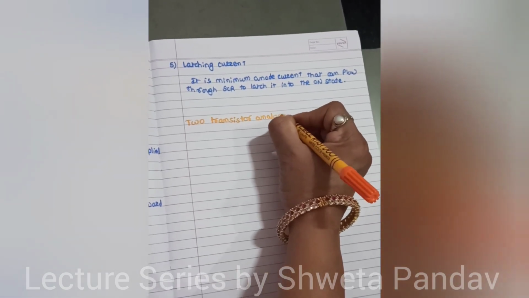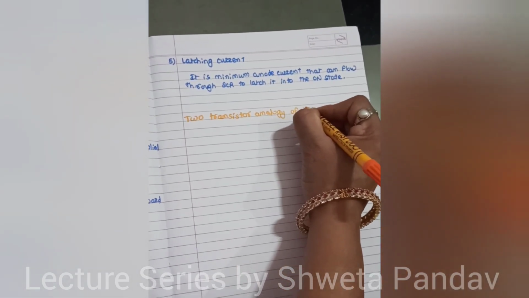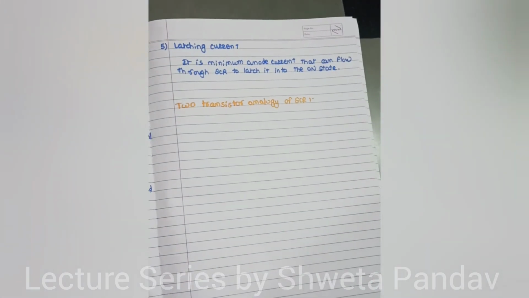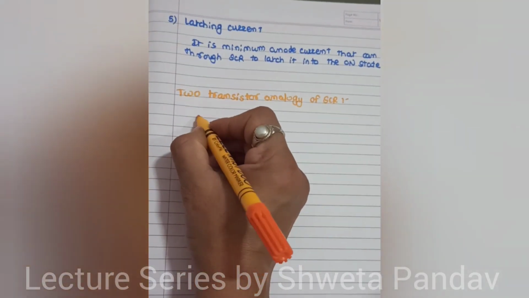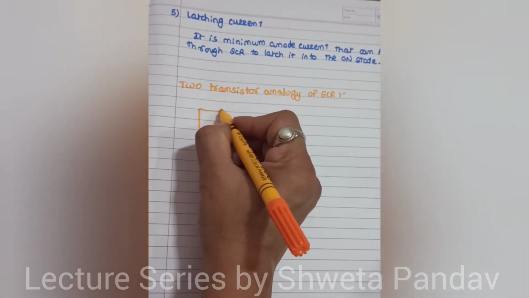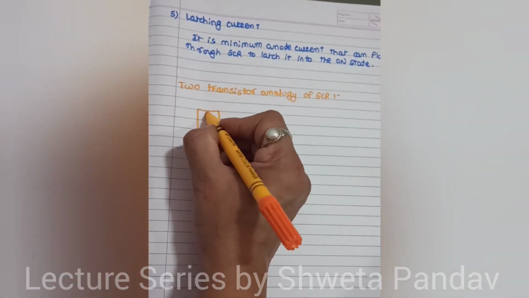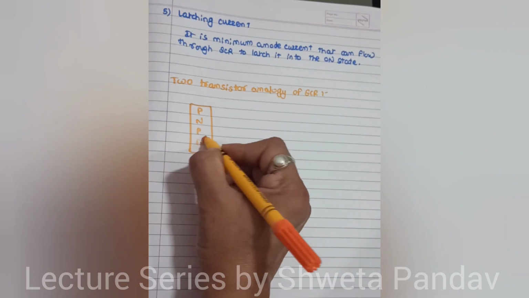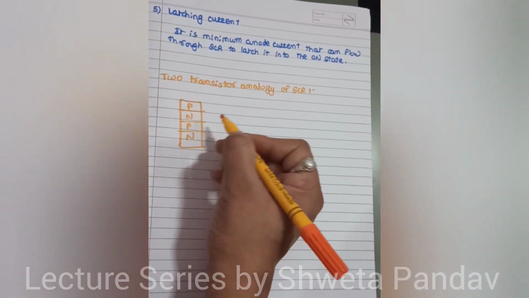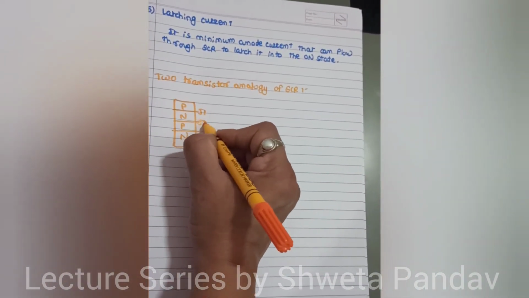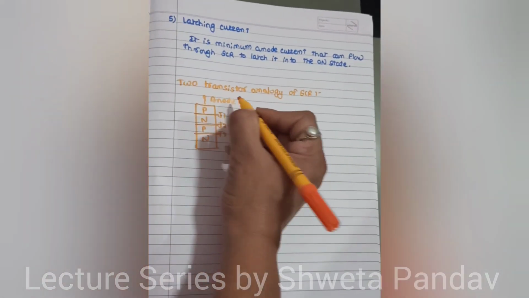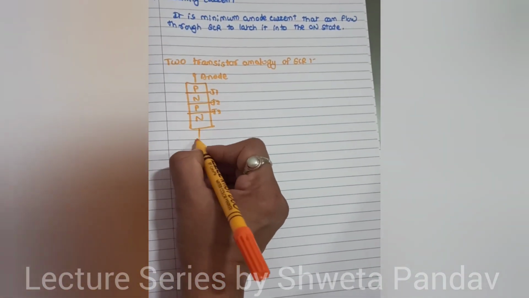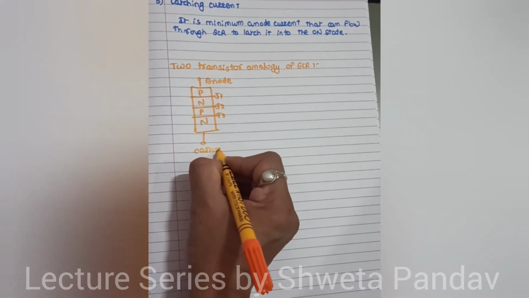As we had seen, the SCR is a 4-layer 3-junction device. It has 4 layers, PNPN, 3 junctions, J1, J2, J3, and 3 terminals, anode, cathode, and gate.